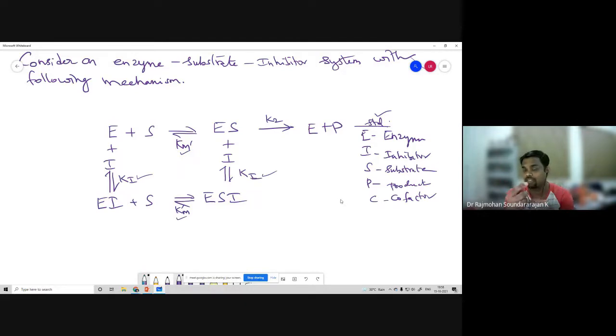It is occupying some other site, but it is distorting the enzyme conformation, altering its structure such that the substrate is not able to bind to the surface. That way it is reducing the catalytic activity.